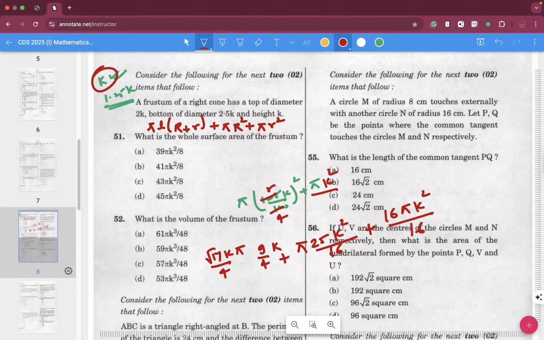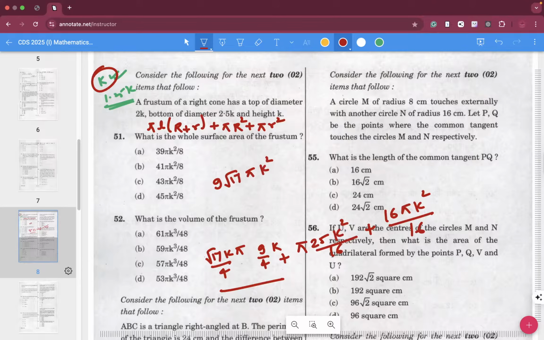Okay, so now what we get over here, if you calculate this, this is your 9 root 17 pi k square plus 25 pi k square plus 16 pi k square divided by 16.